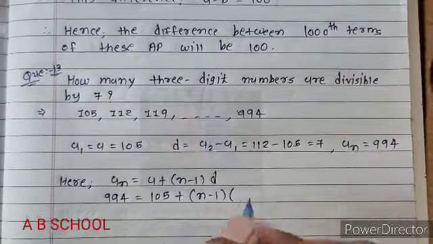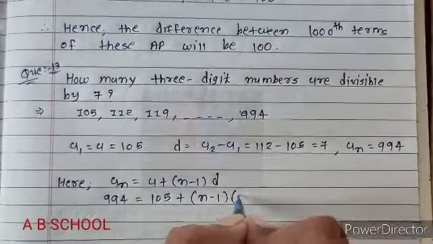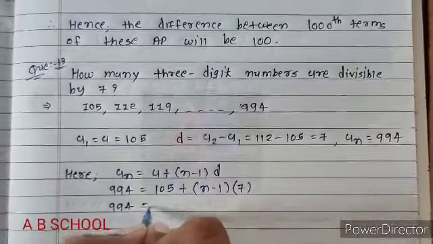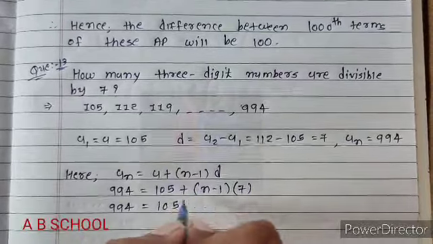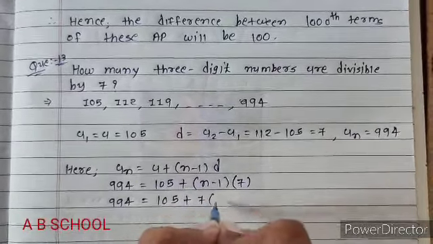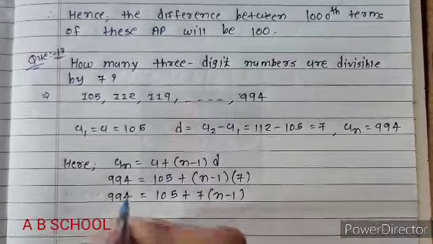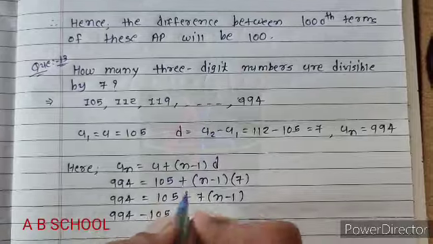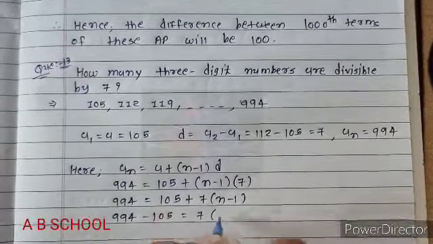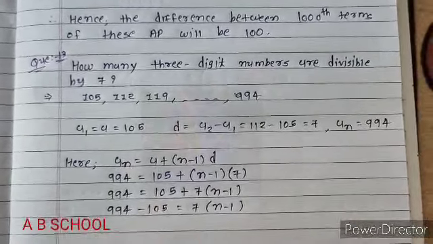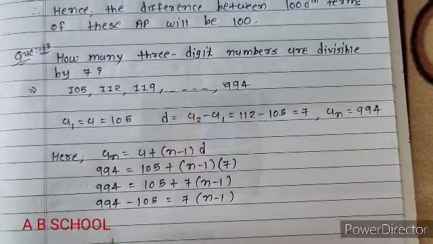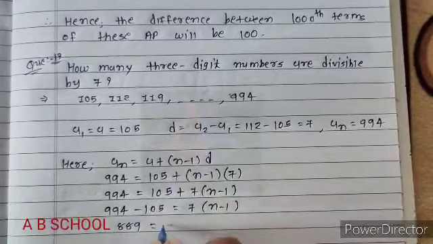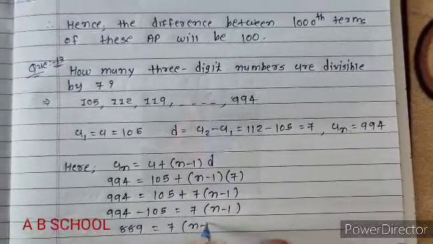So 994 minus 105, which is 889, is equal to 7 into n minus 1.